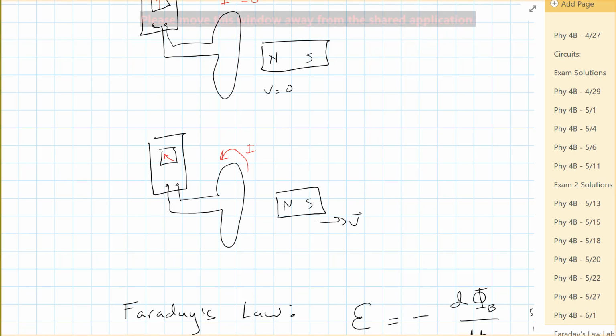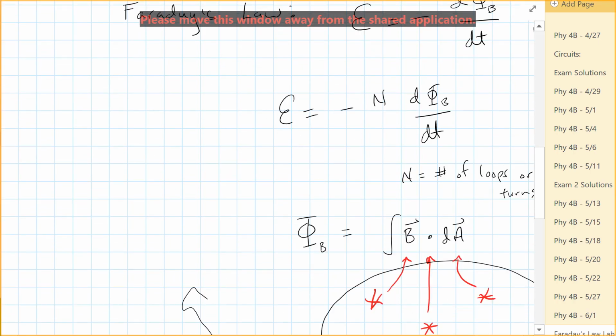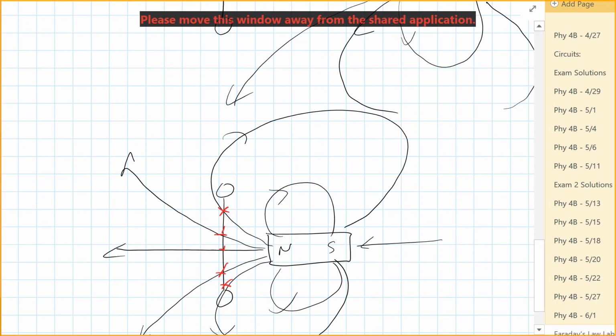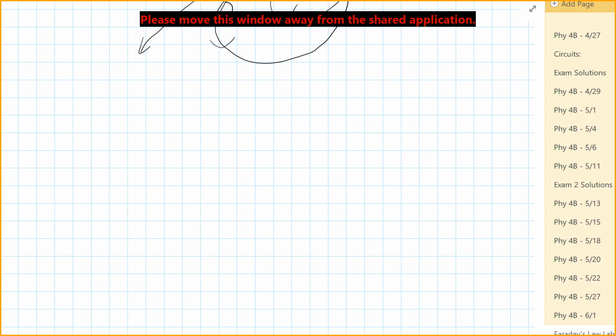When the magnet is moving toward the wire, when our flux is increasing, the current gets set up in such a way that it opposes the change. The current always opposes the changing magnetic field that creates it.